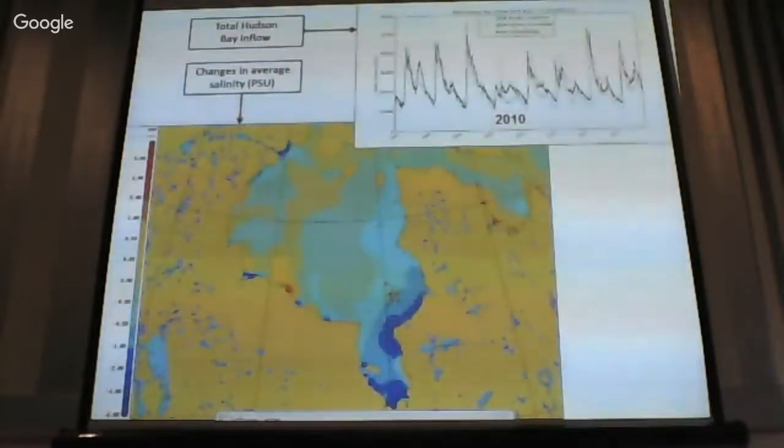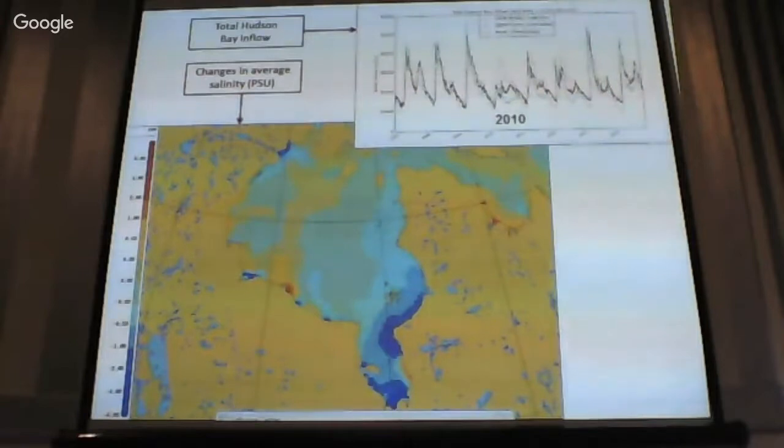So this is just a slide showing, in black, a pseudo observation, a sum of observed tributary flows to Hudson's Bay from 2007 to 2014. In blue is the simulation from the model, and in red is just a monthly climatology from the same simulation.